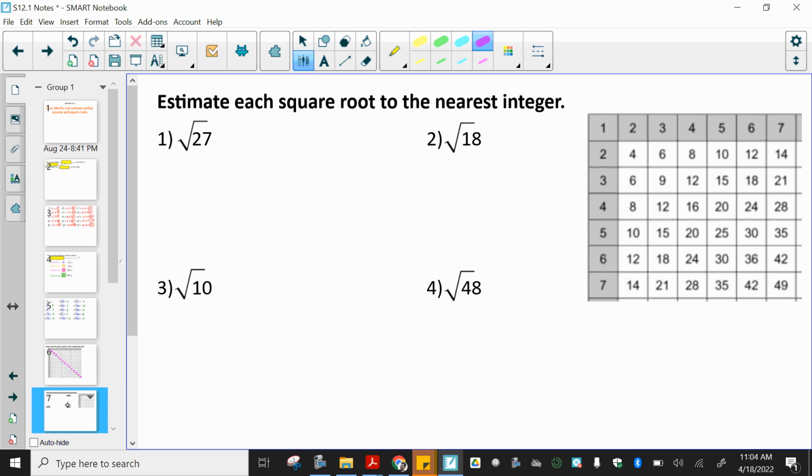So, we're going to estimate these, and here's how we're going to do it. We want to talk about the square root of 27. So, is 27 on here? No. But let's look at this corner one again, right? So we have 4, 9, 16, 25, 36, and 49. Let's write the ones that are closest.